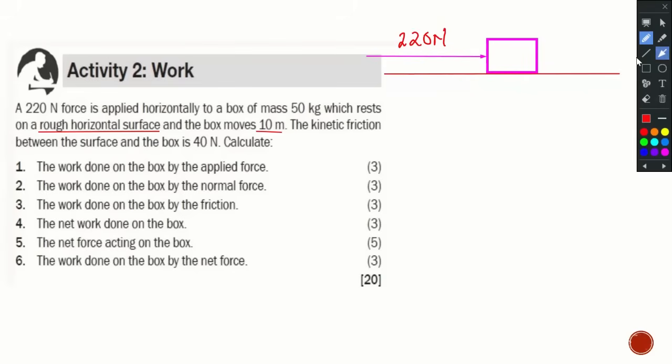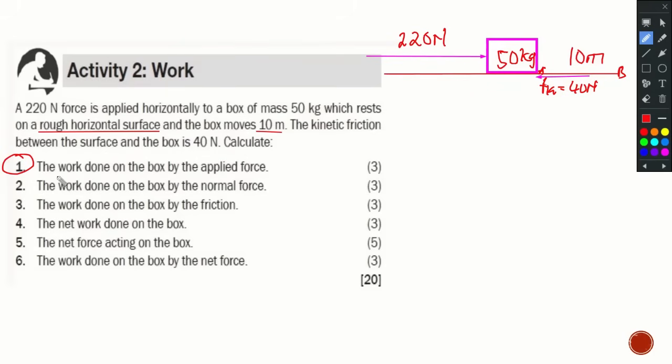And then there's a frictional force here of 40 Newtons. So Fk is 40 Newtons. The block is 50 kg. The block moves from point A to B for a displacement of 10 meters. I think that's the scenario that we have.